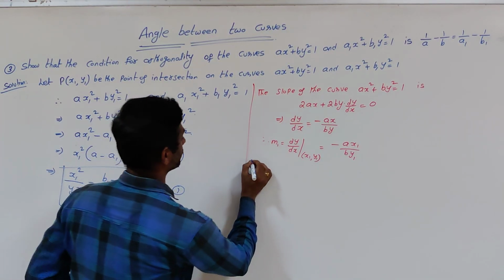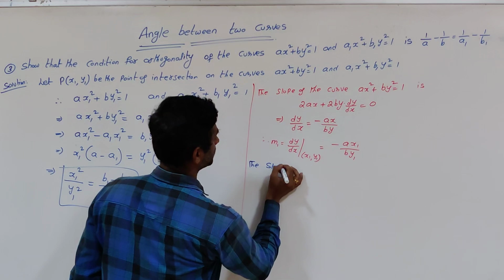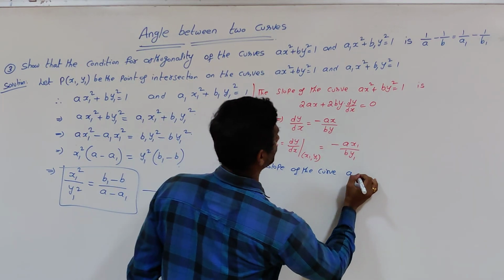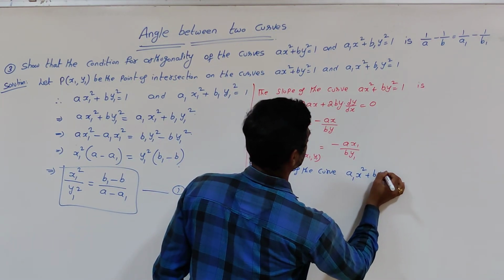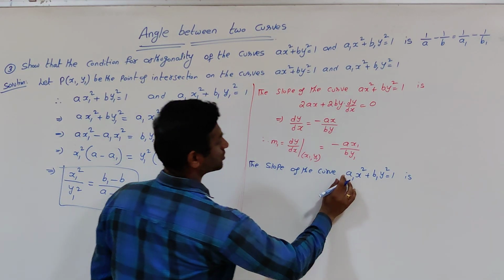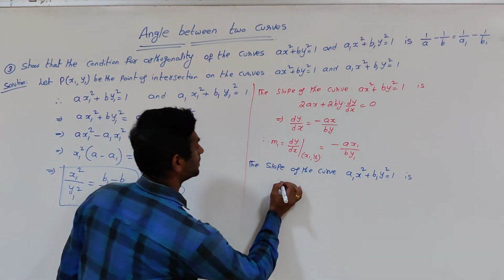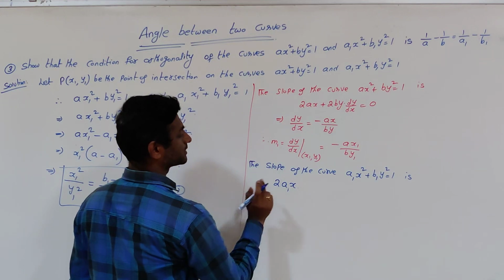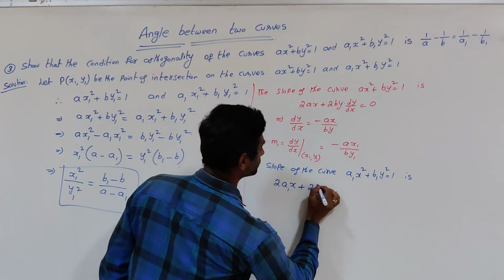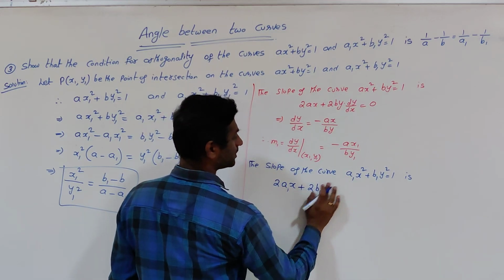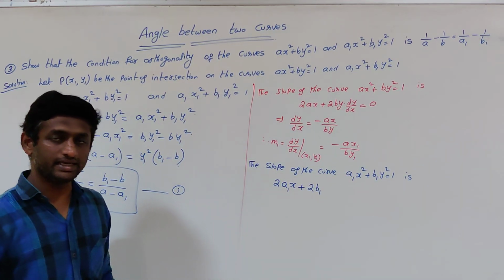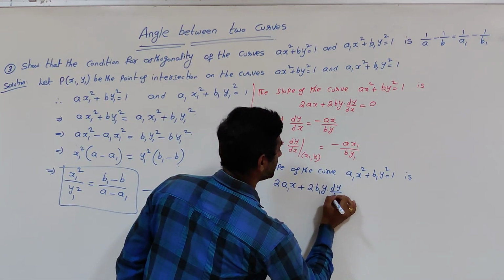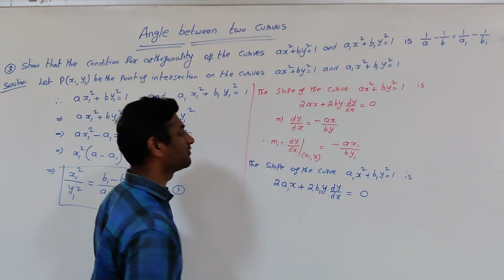Next, the slope of the curve a1x² + b1y² = 1. What is the derivative of a1x²? It is 2a1x, because a1 is constant and the derivative of x² is 2x, plus 2b1y into dy by dx, because b1 is constant and the derivative of y² is 2y, is equal to 0 as the derivative of 1 is 0.